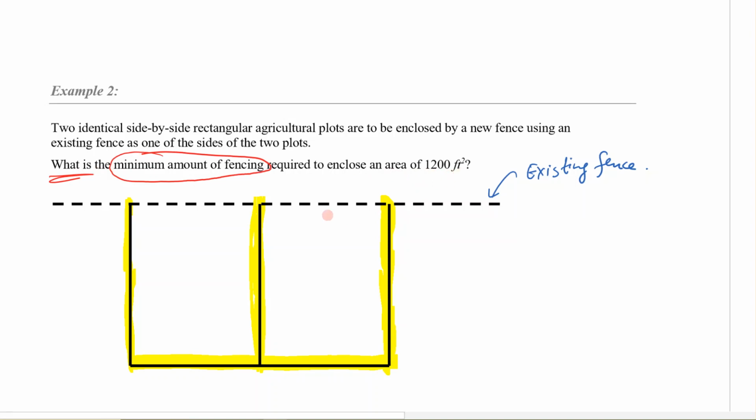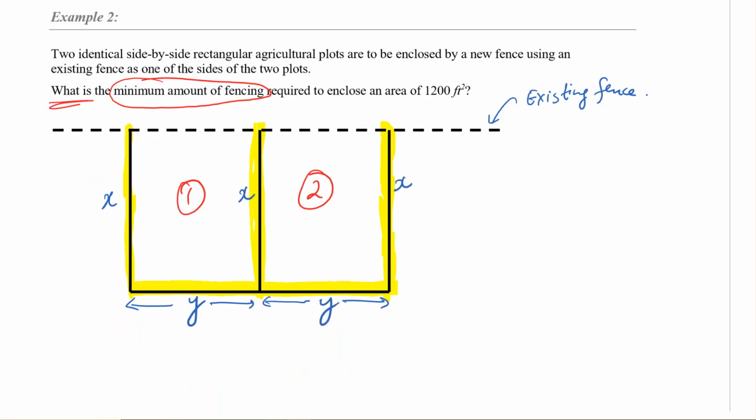So this area is 1200 square feet together. So we have two plots, and if we are looking for the highlighted fencing, let's say the dimensions of one rectangle are x and y. So it means this length is also x, this length is also x, and this length is y.